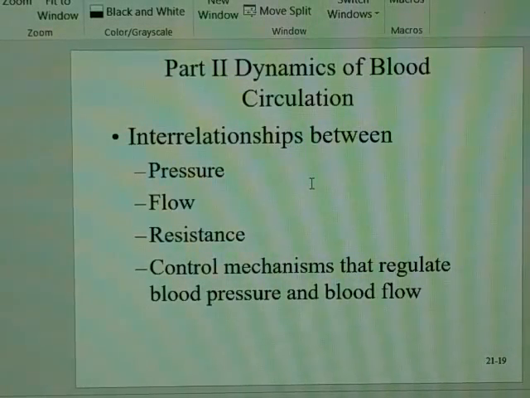The blood circulation that we get in these vessels has an interrelationship between the pressure, the flow, the resistance, and the control mechanisms.